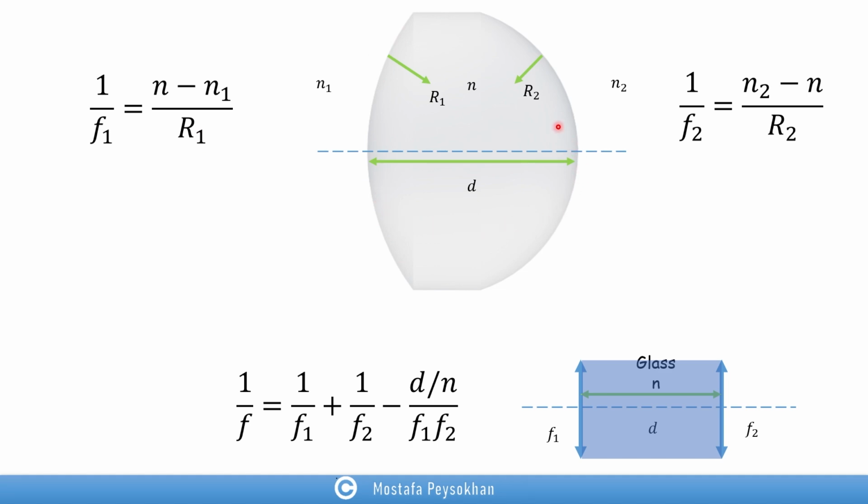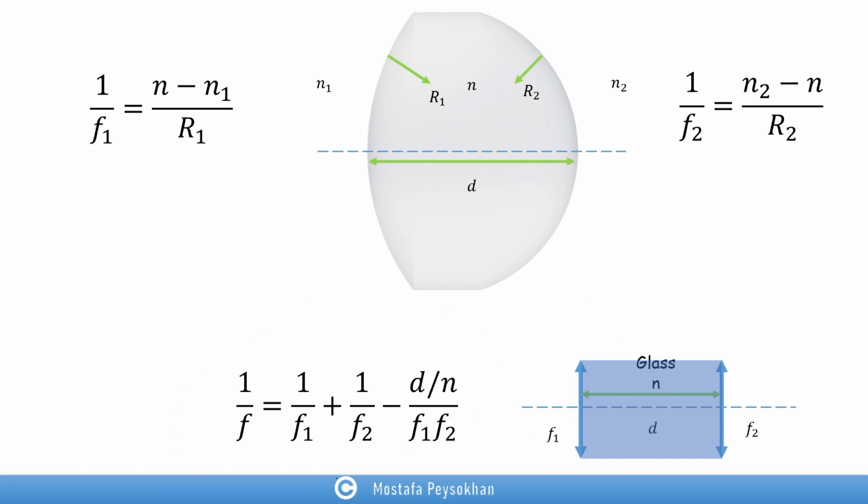We're going to use the same rule for this side: the refractive index of the next material when the light is propagating in this direction, n2, minus n, the material that light is inside, over r2, the radius of curvature of this surface. So you have two lenses actually, f1 and f2, at distance d over n, the reduced distance.